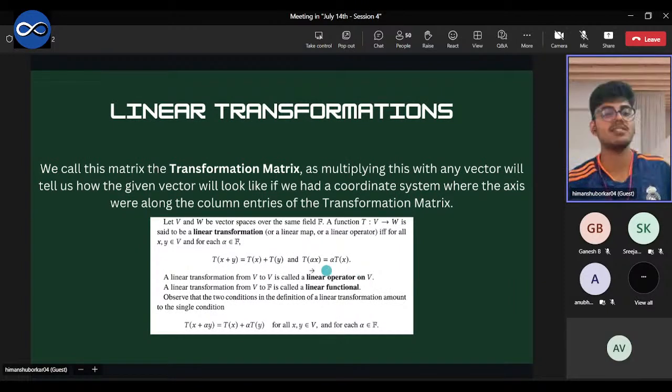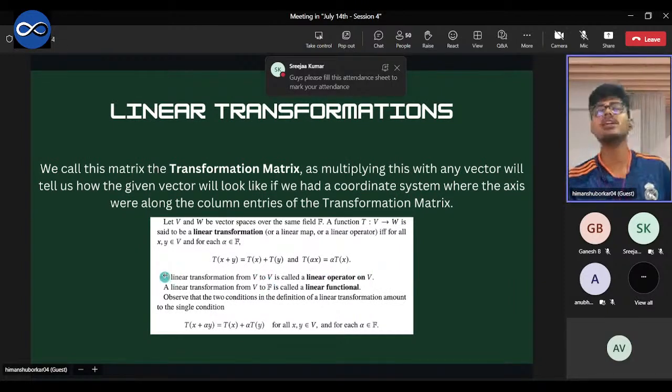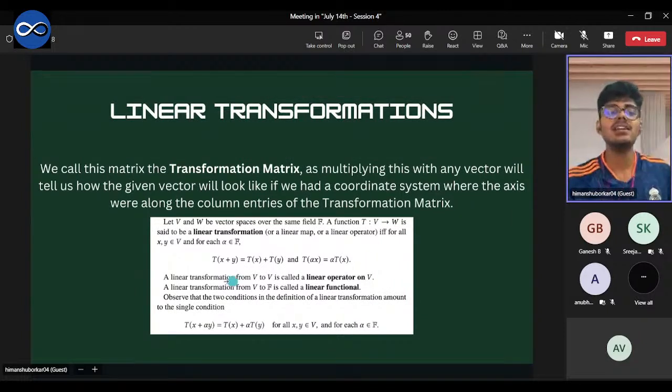These conditions are literally what linearity means. In general, if you take linear equations or anything linear, these conditions always come. If there is a function whose input is a sum of two entities, the output will be the sum of the function of those entities individually.